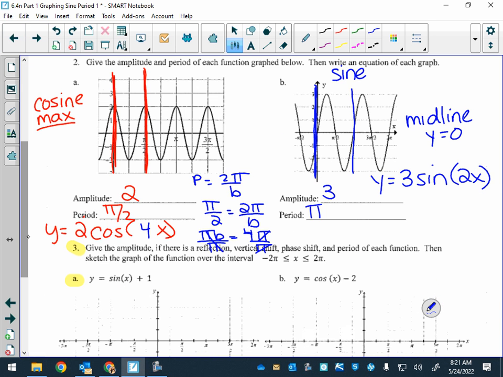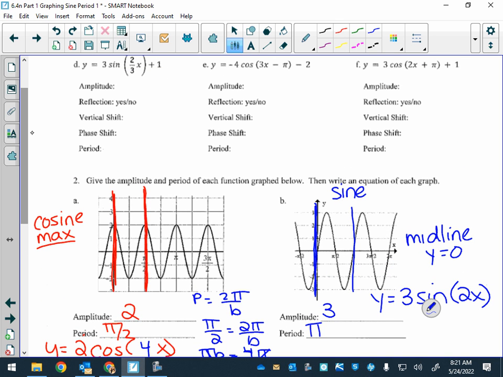Any questions? Okay, your homework, I just want to make sure the numbers are correct. You should have done on page 7, 1A through C. You should have that completed.